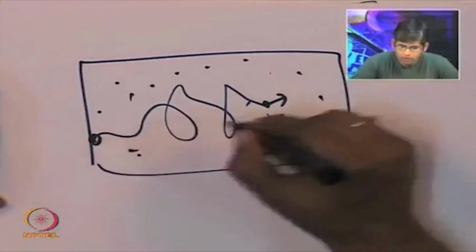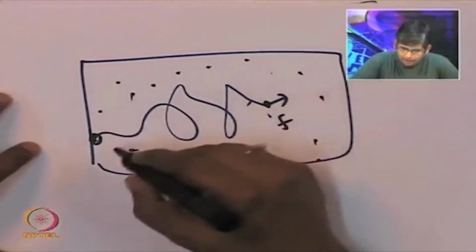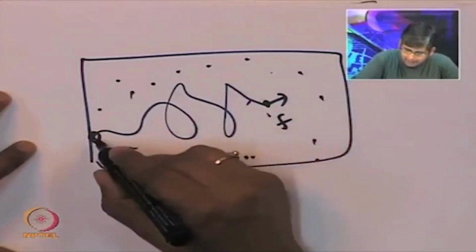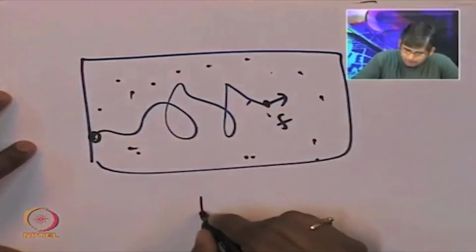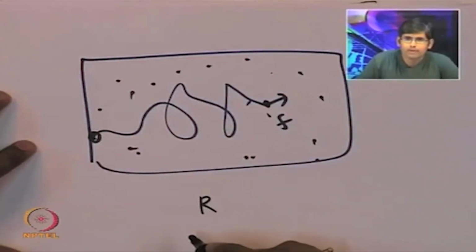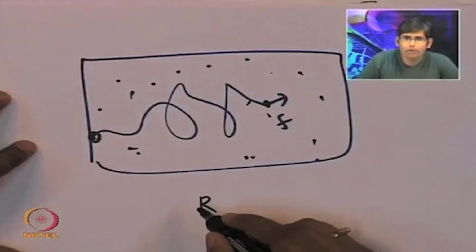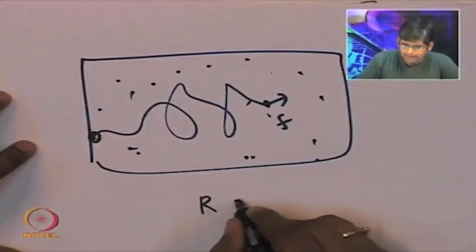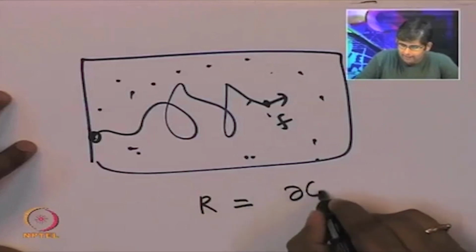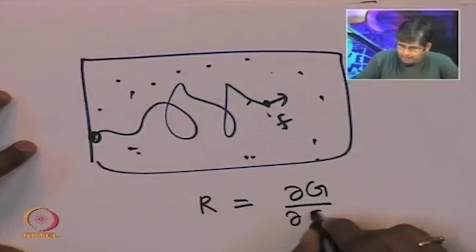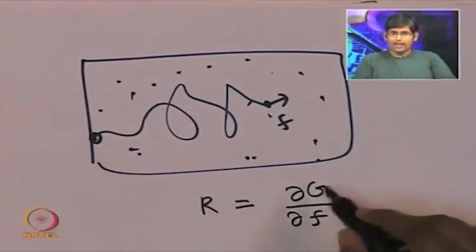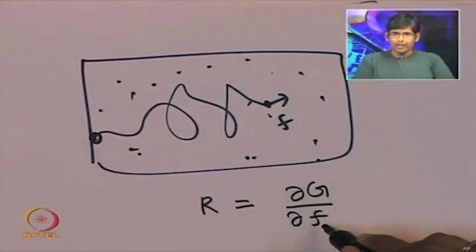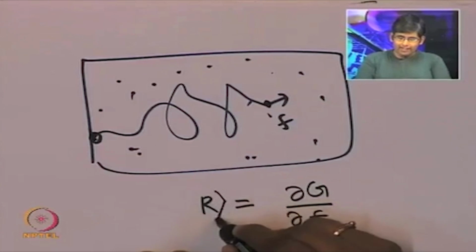How do we get the answer? The distance from this end to this end, let me call this r. This r can be computed by taking the derivative of the free energy with respect to force. So, if we can calculate the free energy, we can get the average end-to-end distance.